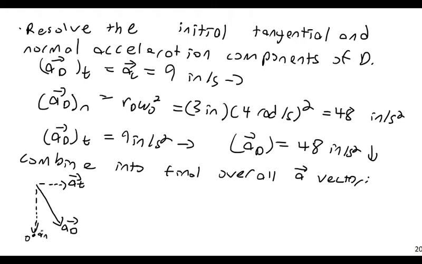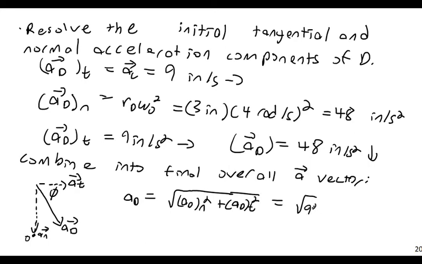And the magnitude of AD, and let's call this angle phi, is going to be just our Pythagorean: the square root of AN squared plus AT squared, which is the square root of 9 squared plus 48 squared.